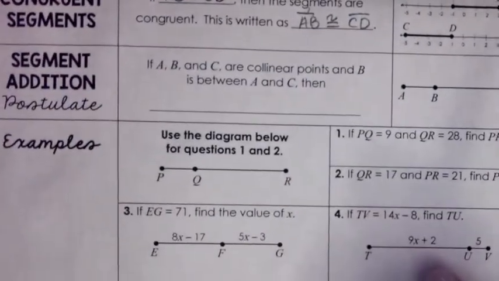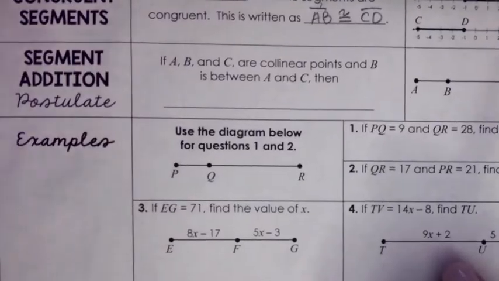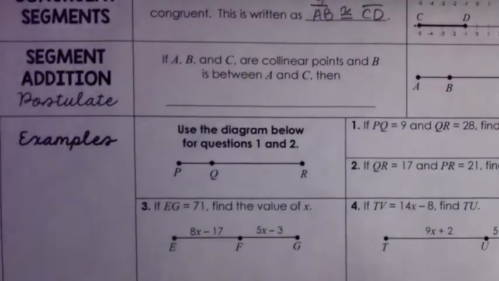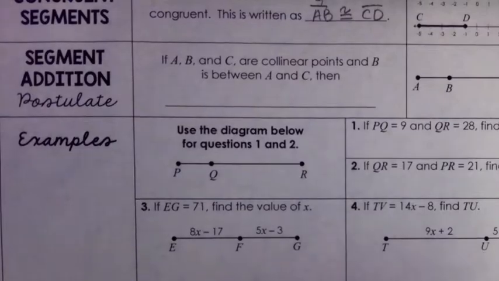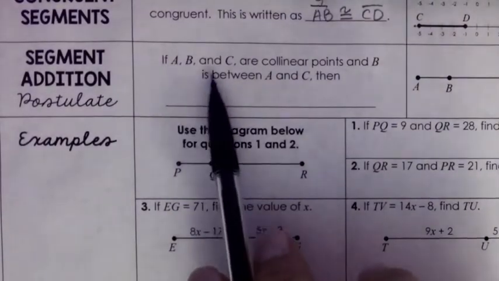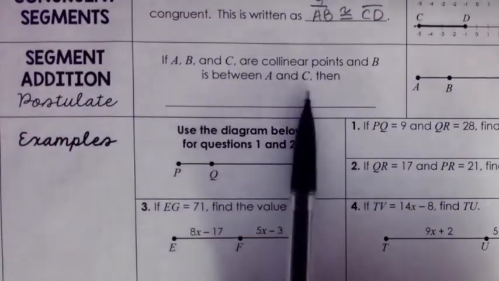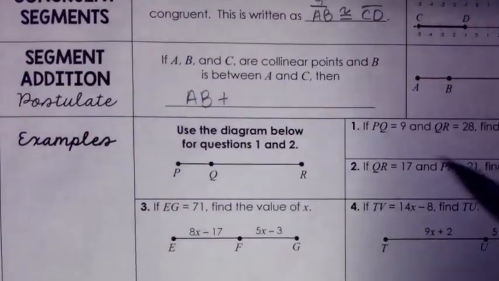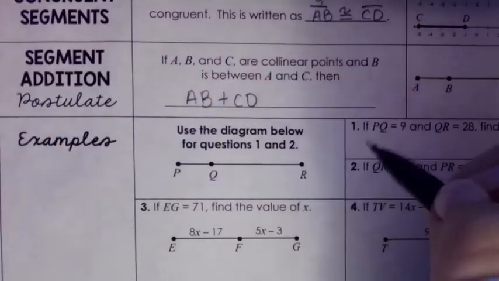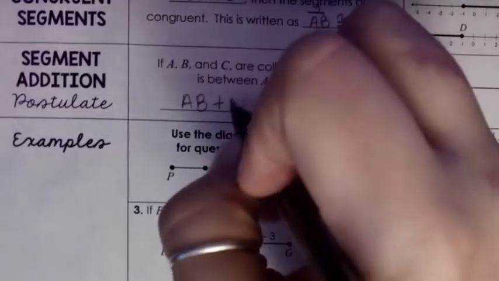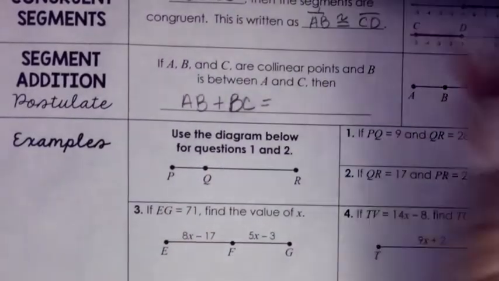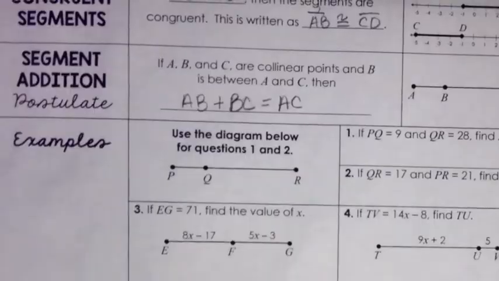The next thing we're going to talk about is the segment addition postulate. So postulates are just things, or like rules, that we go by. So if A, B, and C are collinear points, which means that they are on the same line, and B is between A and C, then we can say segment AB plus segment BC is equal to segment AC.